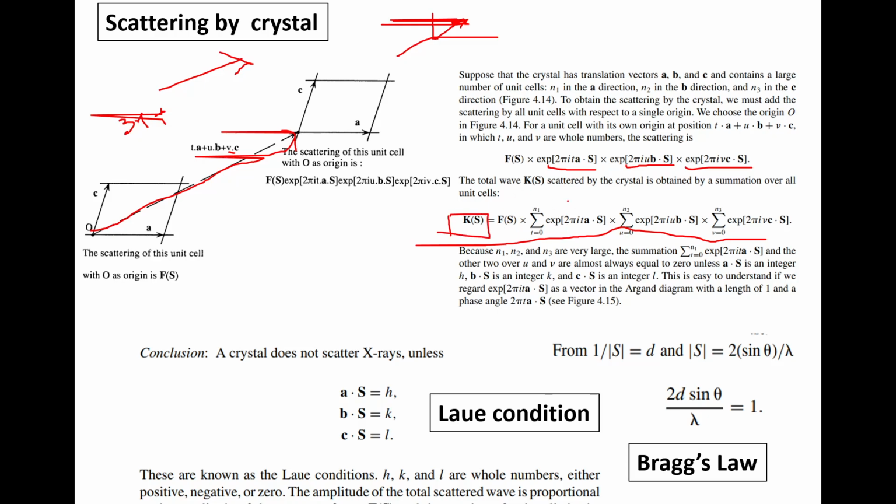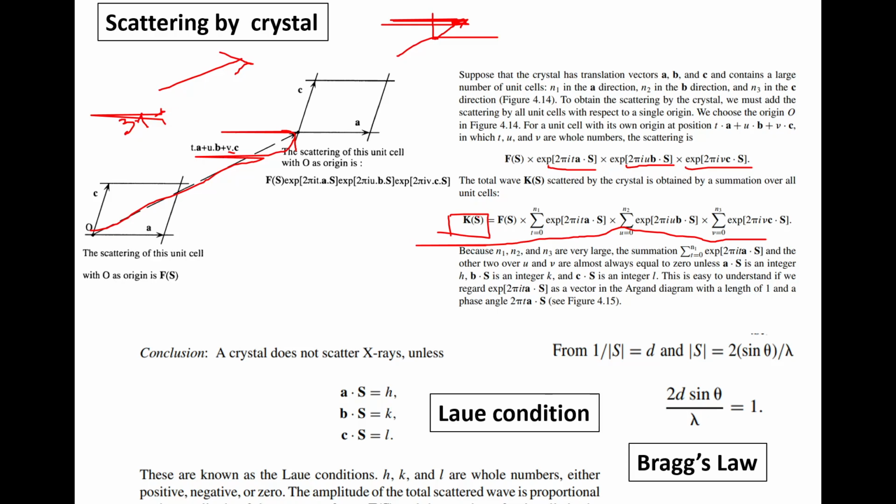If you see a·s, b·s, c·s, this Ks is related to this exponential term. If this exponential term is very large, reaching infinity, then this Ks will be 0.